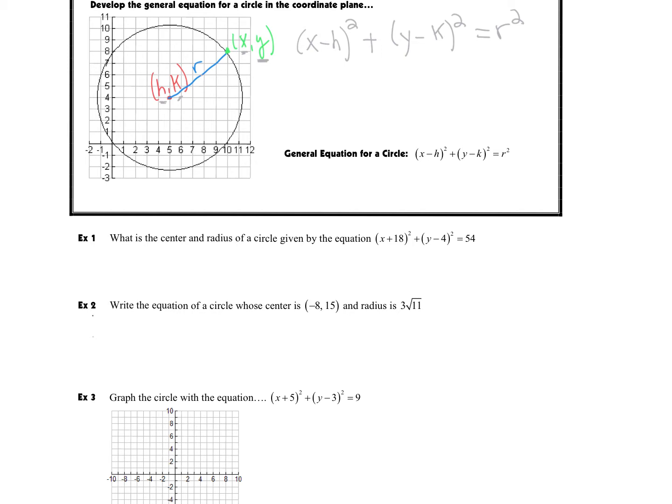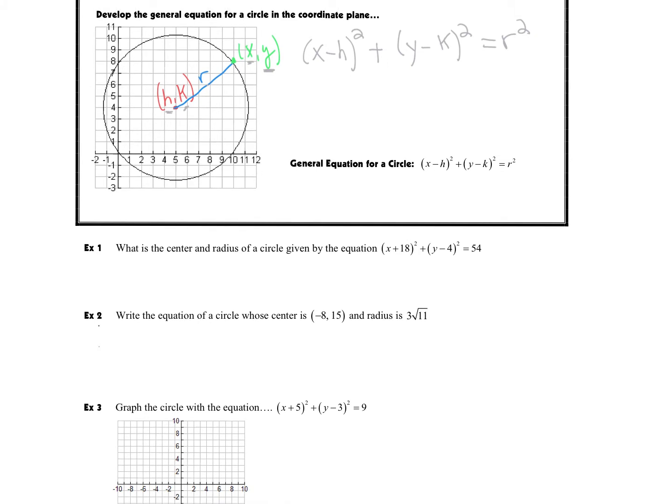So we want to find two things: the center as well as the radius. I like to compare this to x minus h squared plus y minus k squared equals r squared.